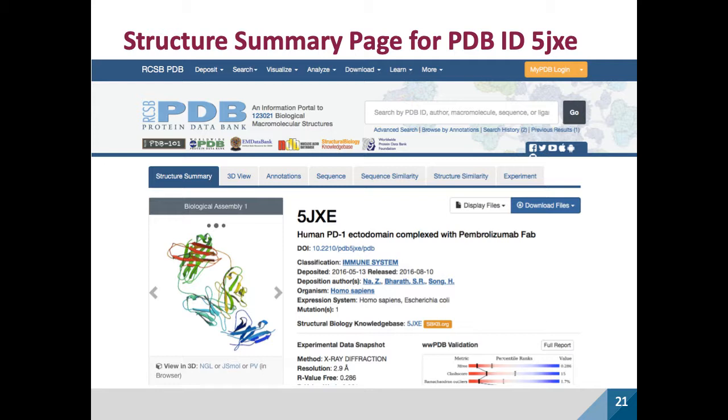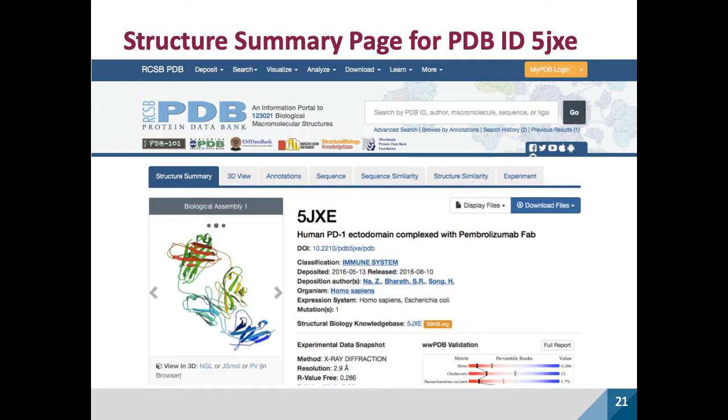Also provided on this page, but not visible, there's information about the publication that resulted from the structure. Close to 90% of the structures in the PDB have been published in peer-reviewed papers. You'll also see information about structure quality, and if one needs to get access to the underlying experimental information, that's also available a little bit further down the page.